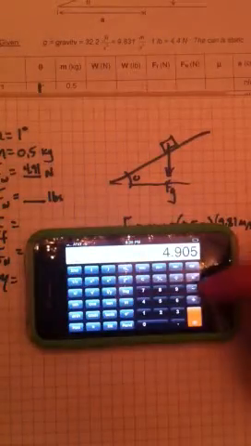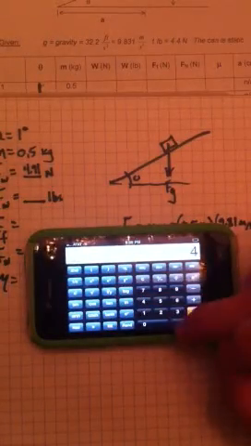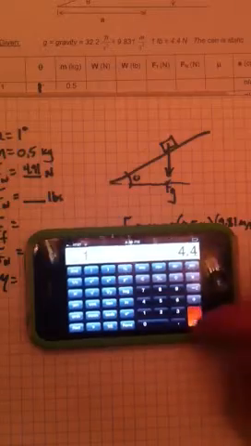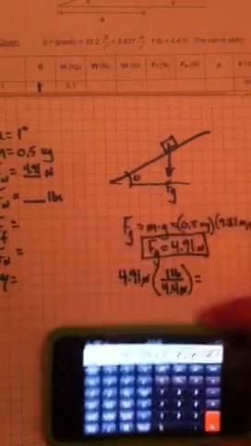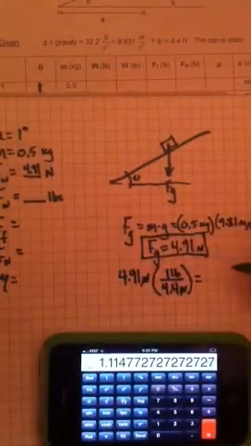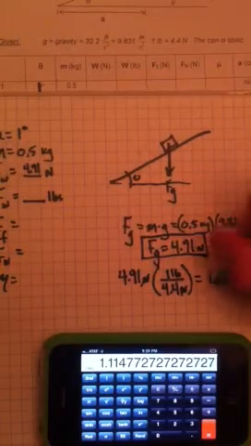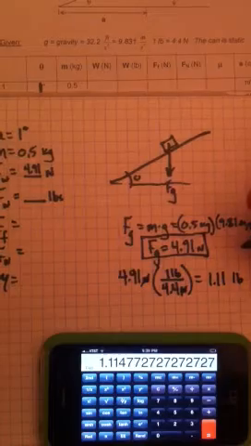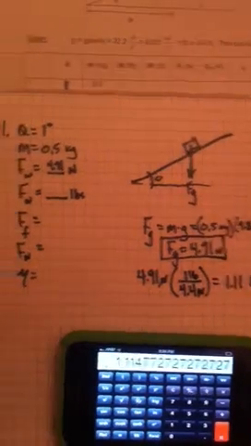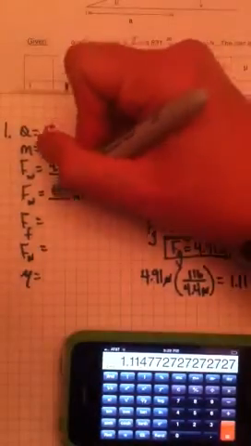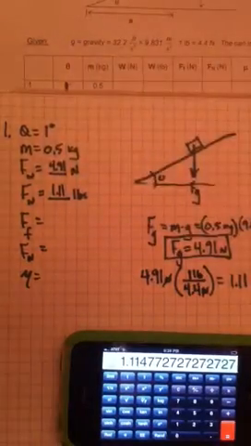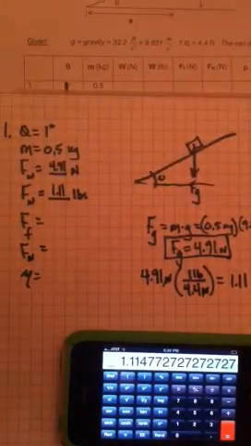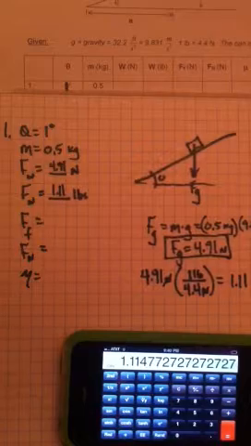So we go 4.905 divided by 4.4. So 4.9 newtons is about the same as 1.11 pounds. So there you go, just to give you an idea of what we're dealing with here, 1.11, which is about the weight of some of those sliding blocks that we've been using in class.